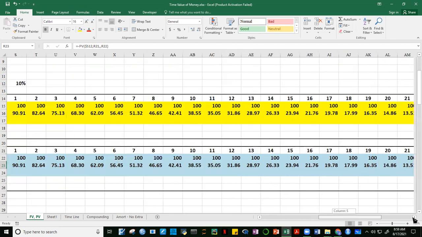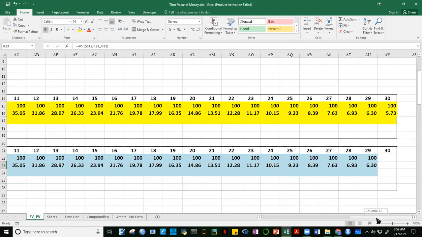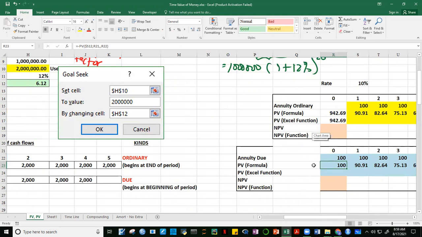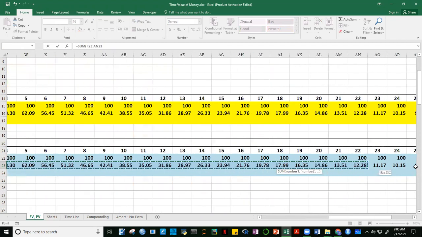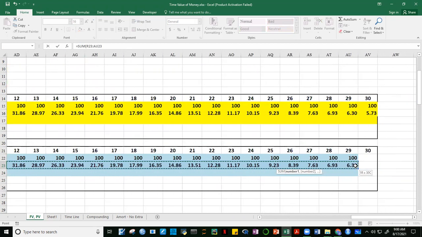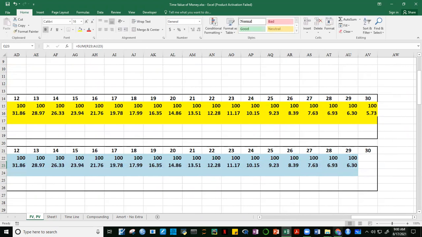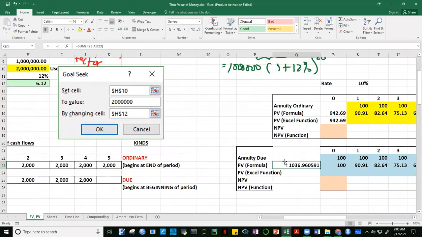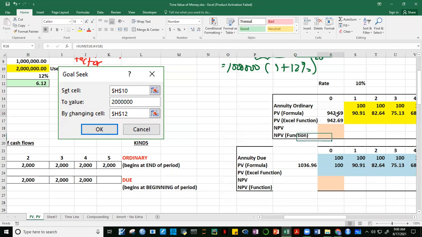Except yung 100 minus the 5.73. That's why guys, annuity due will always be bigger than annuity ordinary. Okay, so if we add this, equal to sum ng lahat ng present values natin, mas malaki talaga si annuity due. There. Okay, 1036, samantalang 942 yung isa.